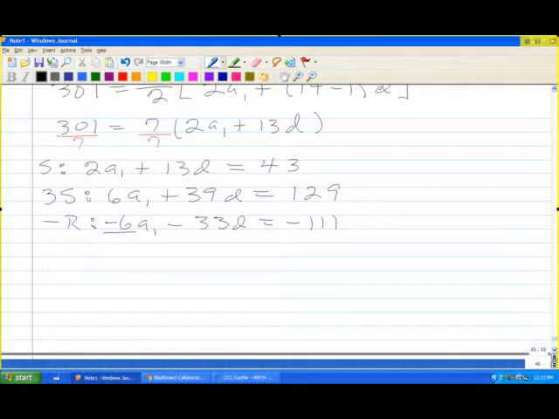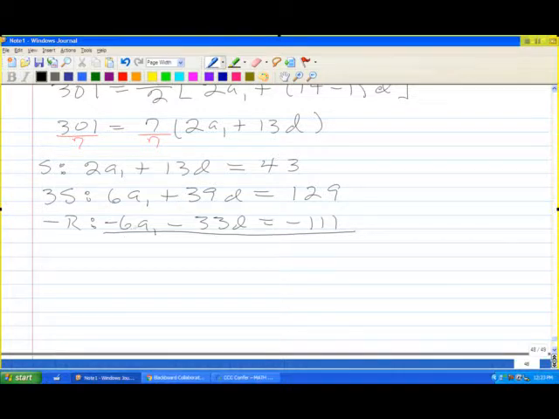And so I'll just eliminate A1 and then solve for D. This is just a system of linear equations in two variables.